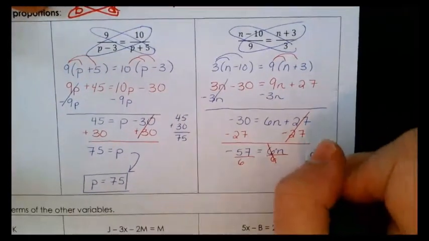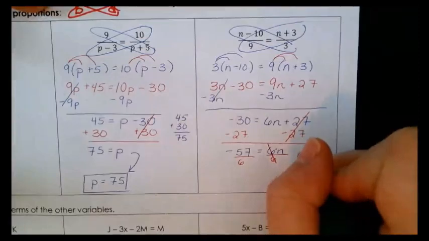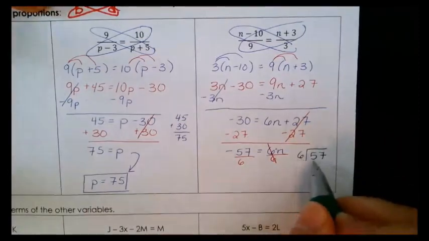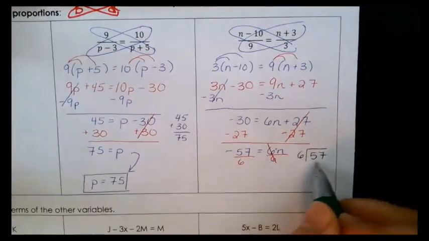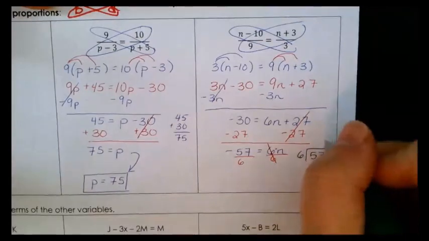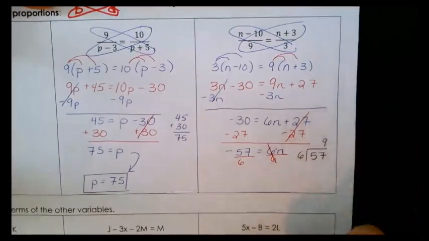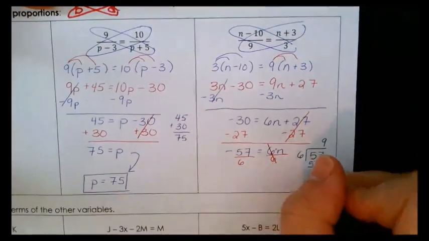57 divided by 6. Now 6 doesn't go into 5, but the largest value that can go into 57 is going to be 54. 6 times 9 will give you 54.